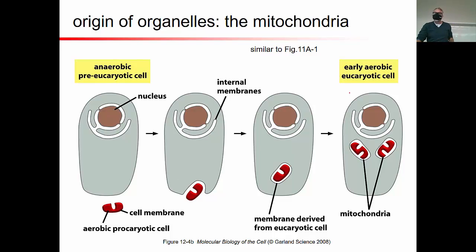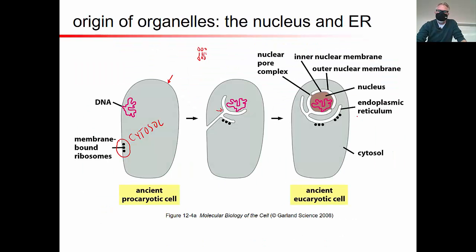The additional reason that it's helpful is that it gave rise to this compartment here called the endoplasmic reticulum. And we'll talk about the importance of that double membrane for that in a little bit.